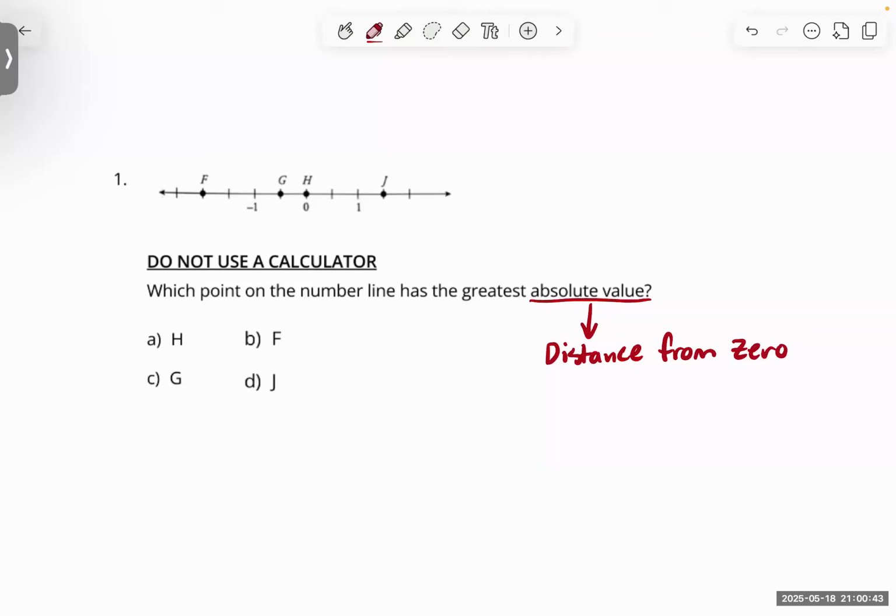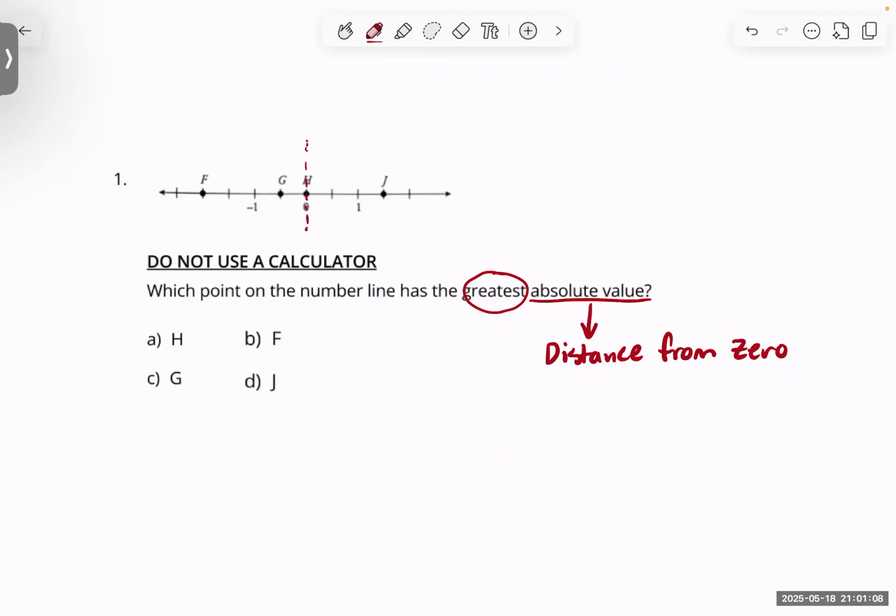That's quite literally all an absolute value is. So it doesn't matter if you are in the positive numbers or the negative numbers. Nonetheless, whichever distance is greater is what we're looking for. Which point on the number line has the greatest absolute value, aka the farthest distance from zero?